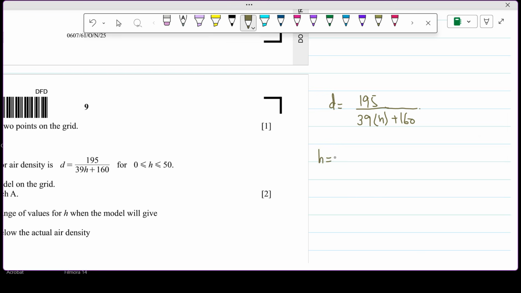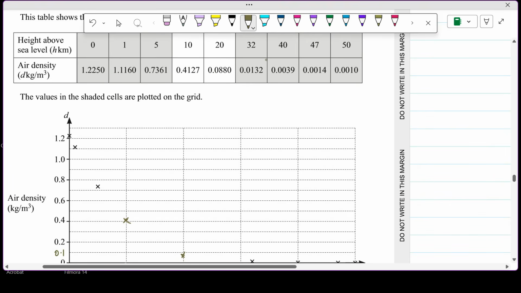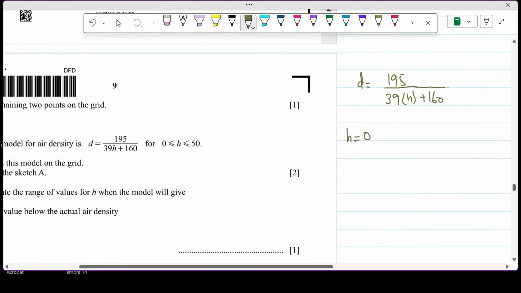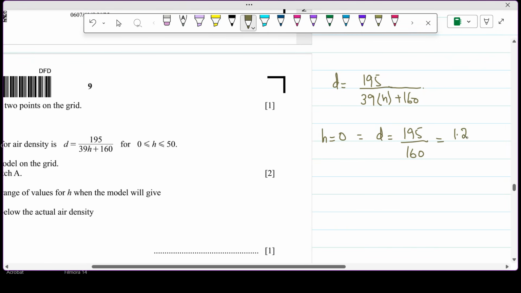We will consider these heights: 0, 1, 5, 10, 20, 30, 40, 50. When the height is 0, D = 195 / (39 times 0 + 160), so it will be 195 / 160, which is 1.21875.